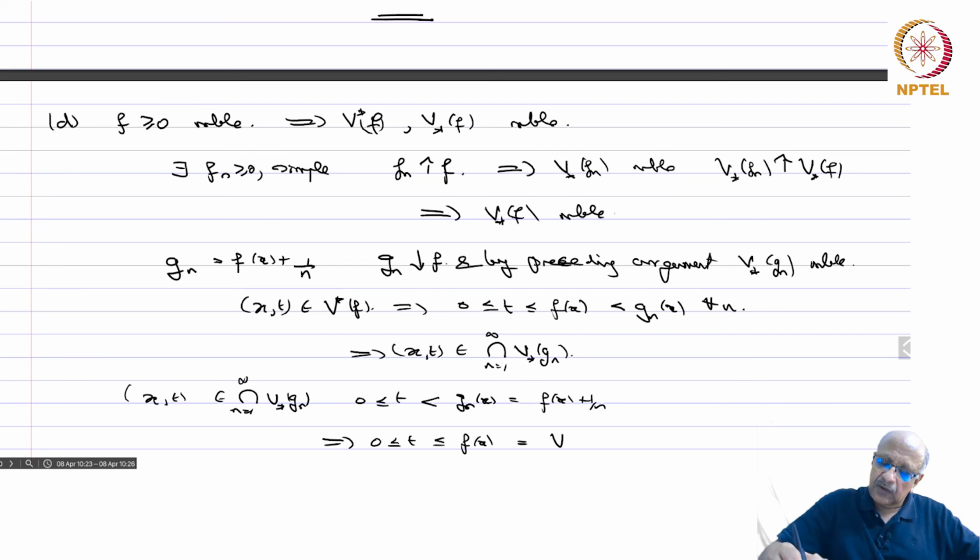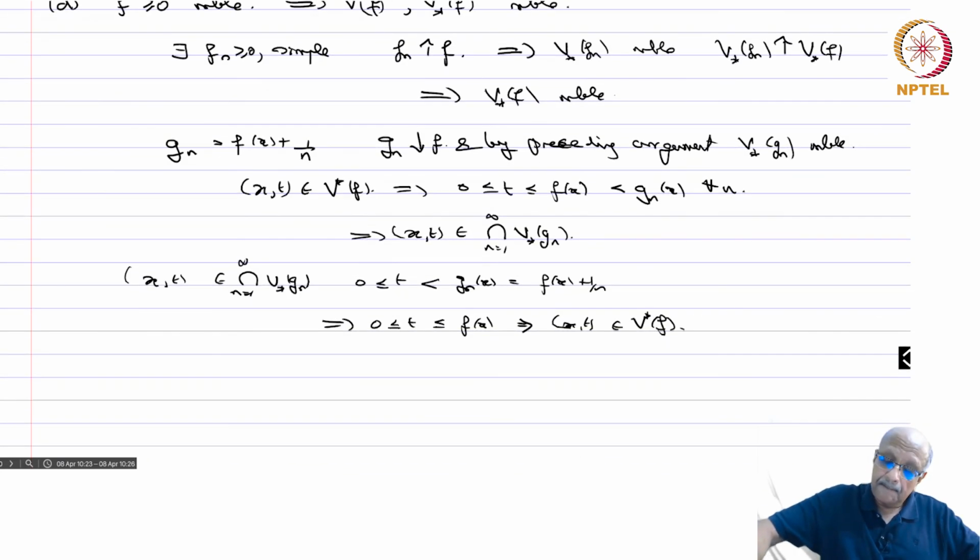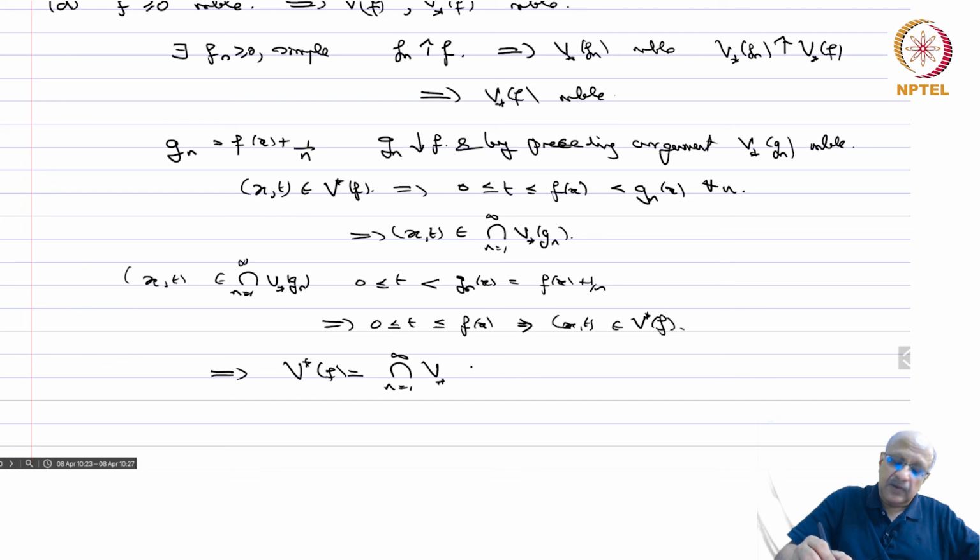So this implies (x, t) belongs to V superstar of f. So therefore we get V superstar f equals the intersection n equals 1 to infinity of V sub star g_n, and these are all measurable, which implies measurable.